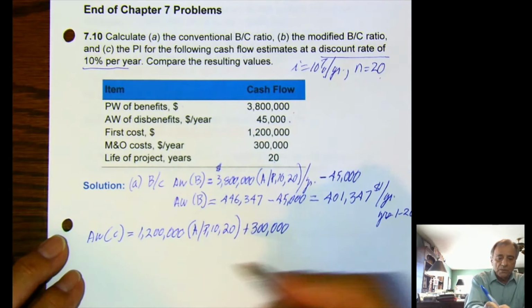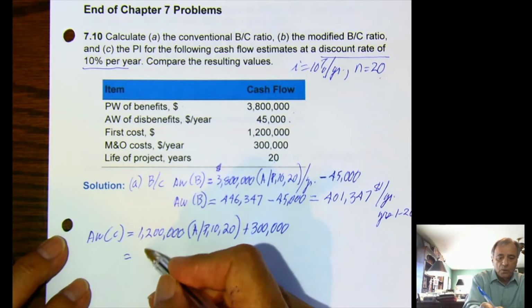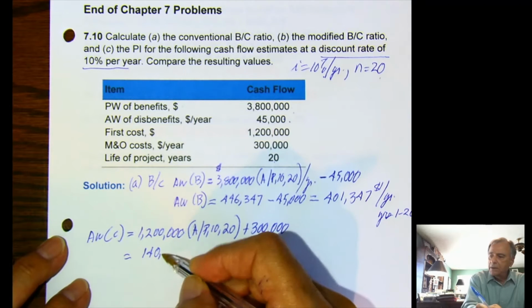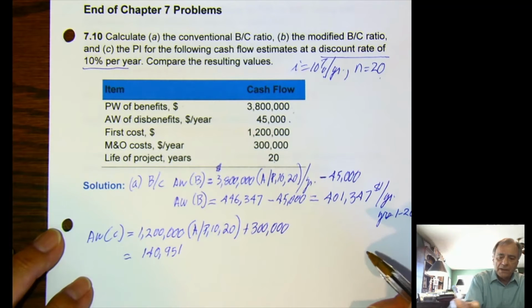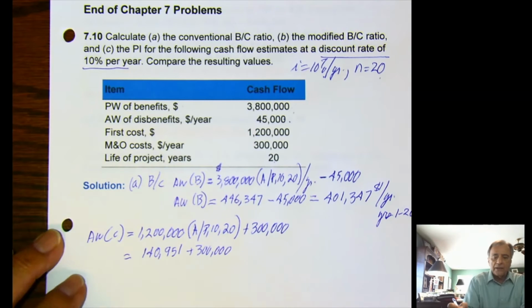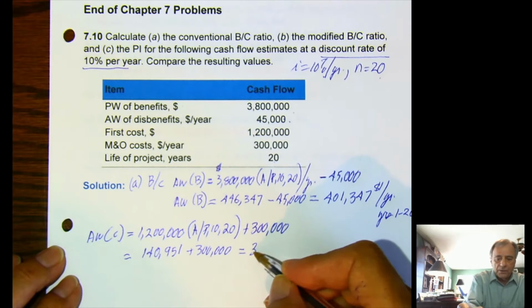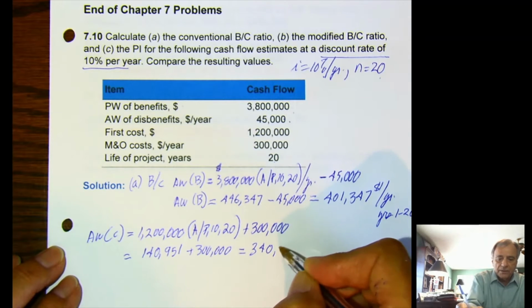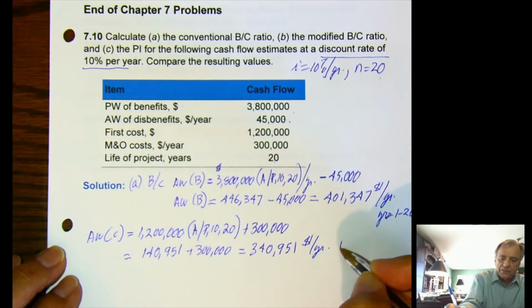So when we calculate this 1.2 million times A given P, we get $140,951, and then we add to that the $300,000, and both of those are dollars per year. When we add those, we get $340,951 per year, and that's for years 1 through 20 as well.